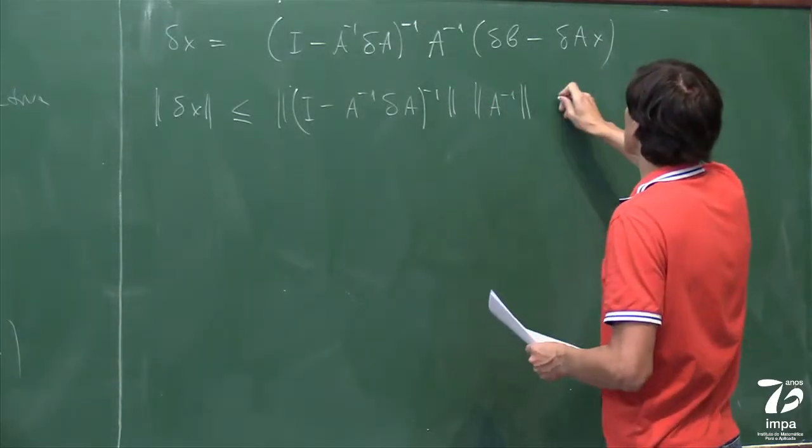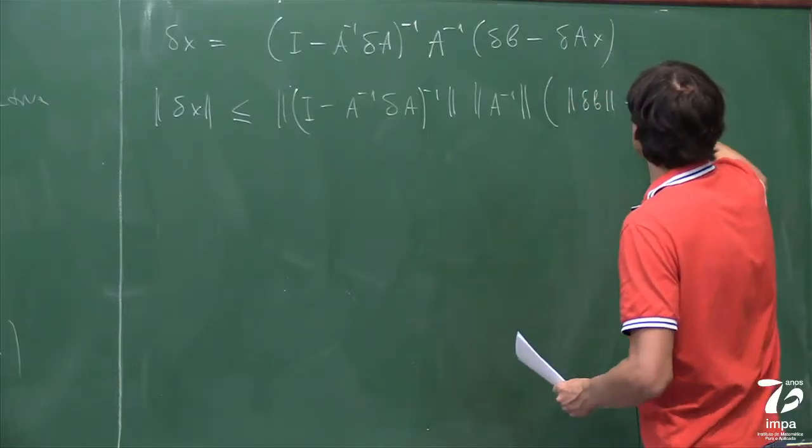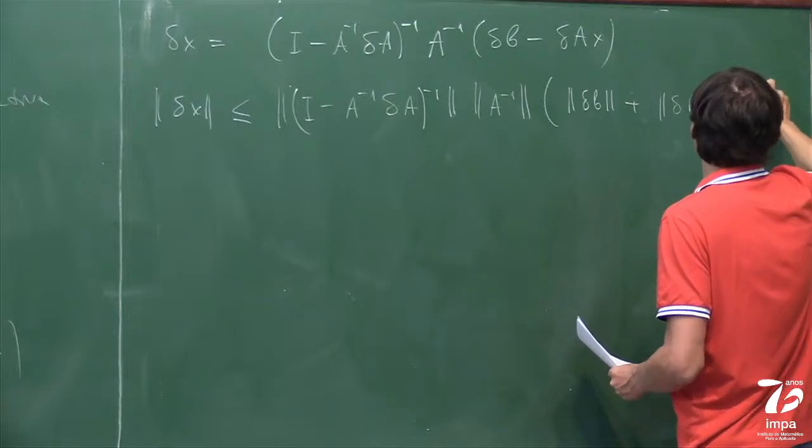And here the norm, we take the triangle inequality, so it's norm of delta B plus norm of delta A times x.